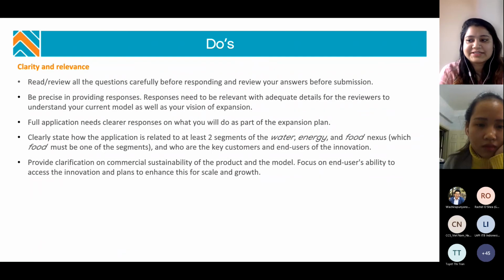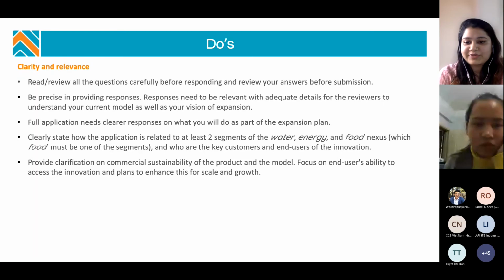And when I say commercial sustainability, it's not just a conventional idea of commercial sustainability, but understanding how your businesses or the model will sustain without any external support. It should be self-sufficient after the program. The program is definitely going to enable and facilitate a lot of that transition for your organizations or your models.